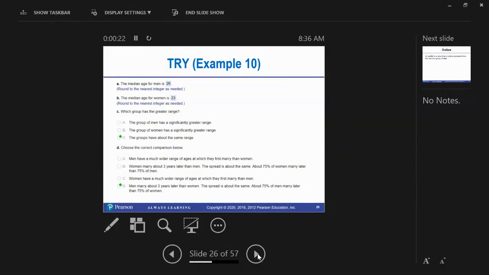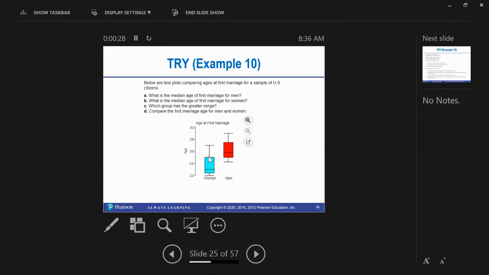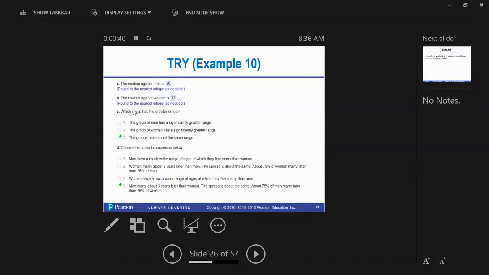The spread is about the same because when you look at the Q3 and Q1, and the Q3 and Q1, they're very close. That's kind of what you answered on part C anyway. And then about 75% of men marry later than 75% of women.